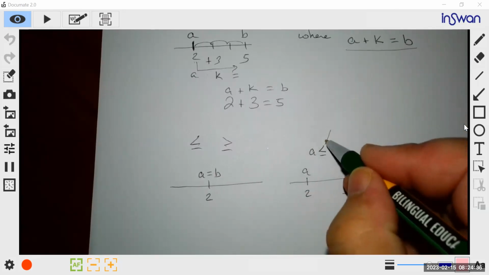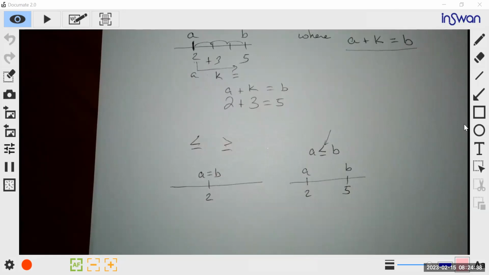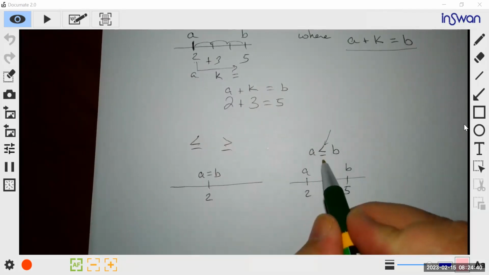First off, is it less than? Is A less than B? Because it's to the left, yes. Can they be equal?